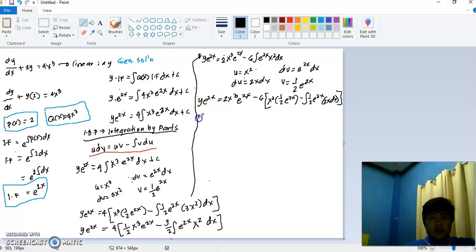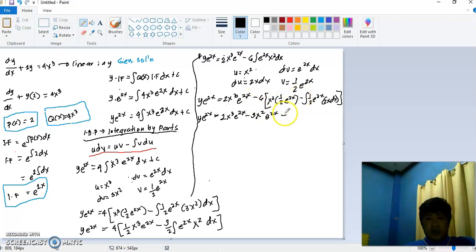So therefore, you simplify this one. You have y e^(2x) equals 2x cubed e^(2x), sorry, minus 6 times 1/2, that is 6 divided by 2, that is 3x squared e^(2x), minus.